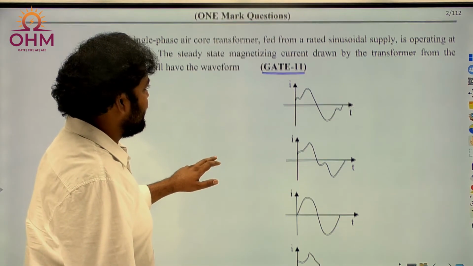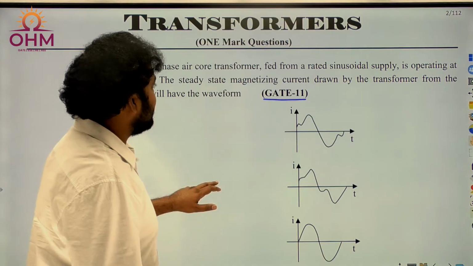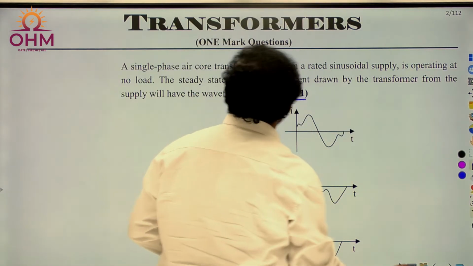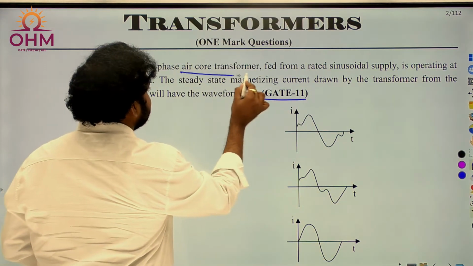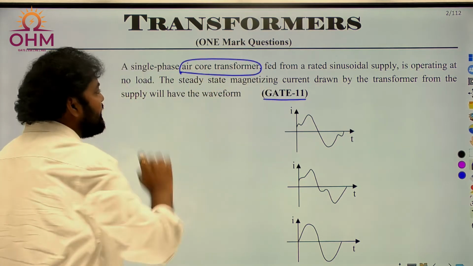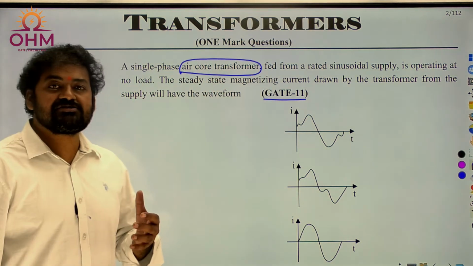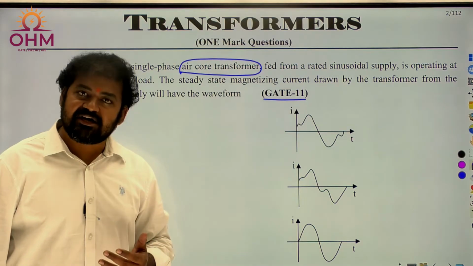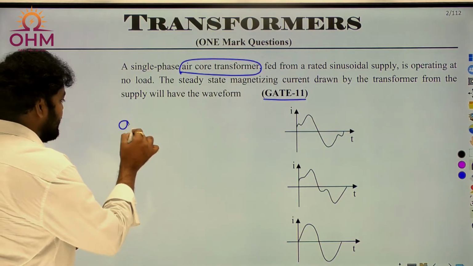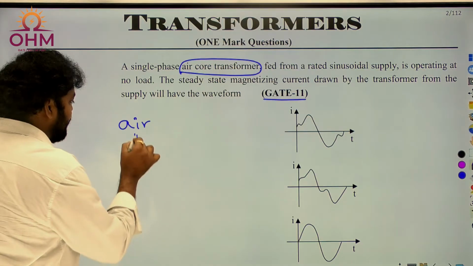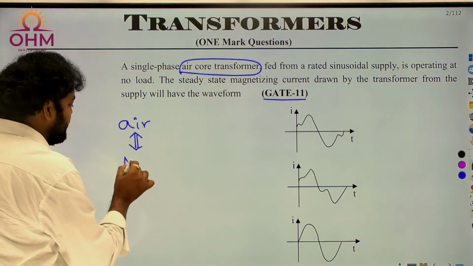First of all, if you read the problem carefully, it was very clearly mentioned air cored transformer. If air is the core medium, definitely there is no discussion about magnetic saturation. We know in air medium, magnetic saturation will not be available.